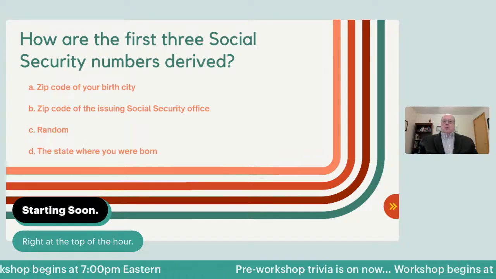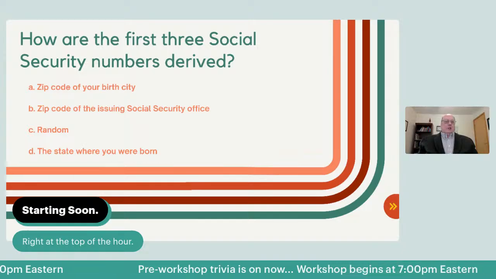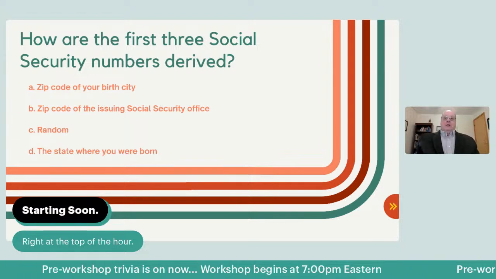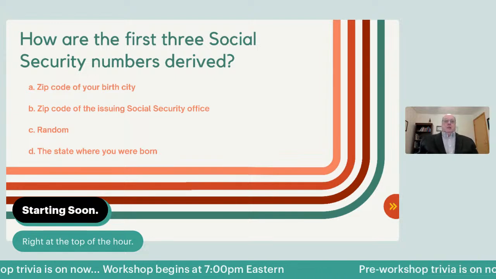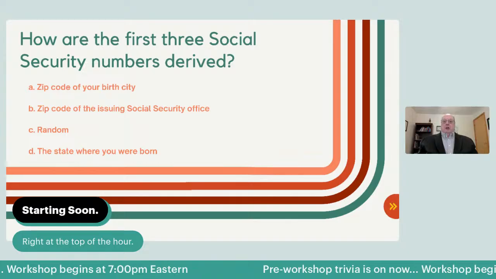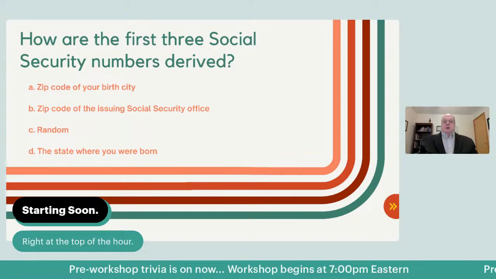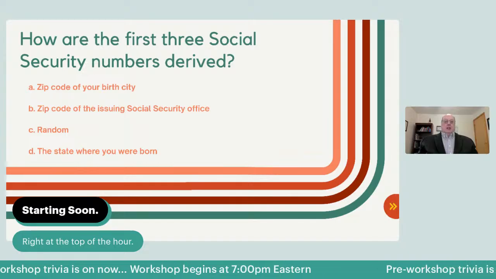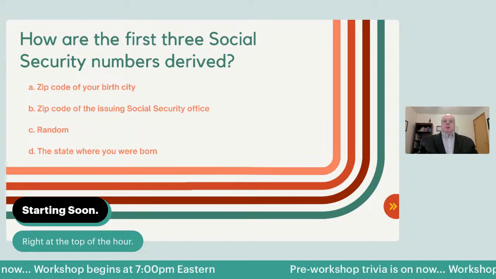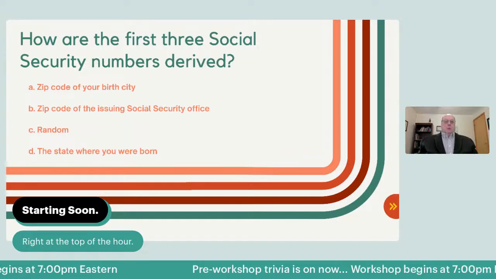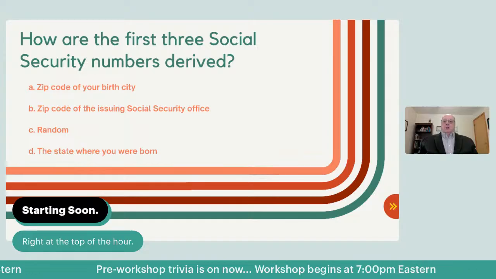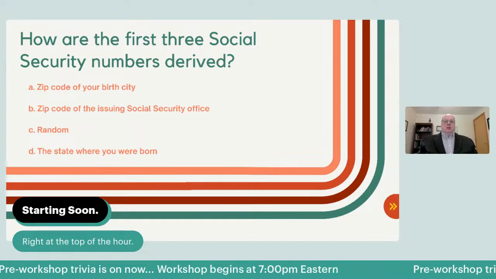Just plug away. If you find the chat function on the right side of your screen, just click it and throw in an answer, A, B, C, or D. A is your birth city, B, the zip code of the issuing Social Security office, C, random, or D, they represent the state where you were born. If you're just joining us, we're just doing some trivia. You can join in.